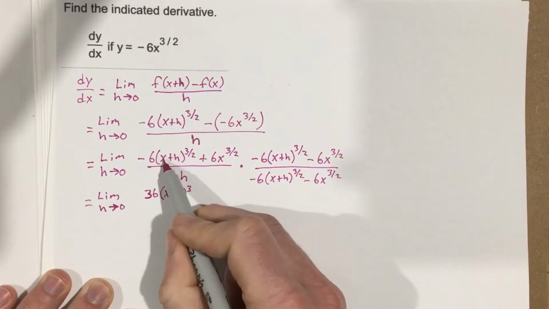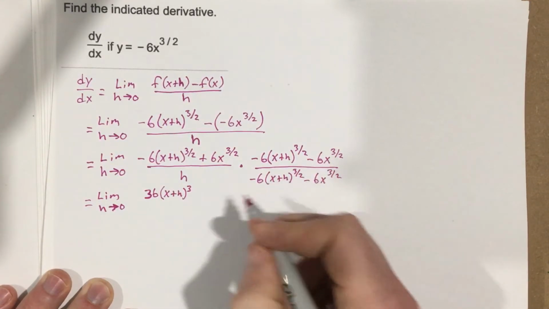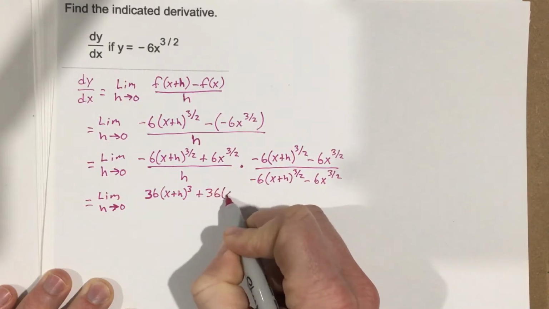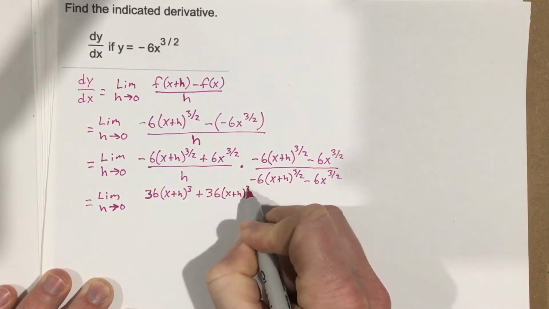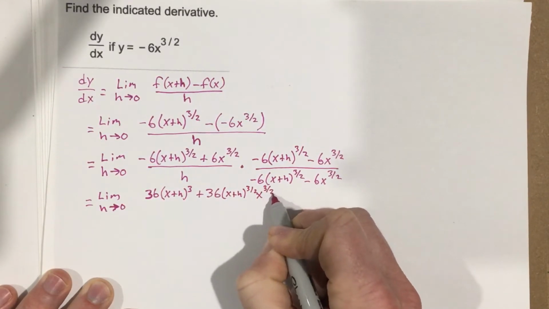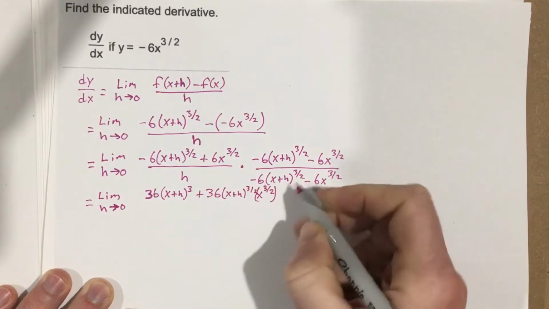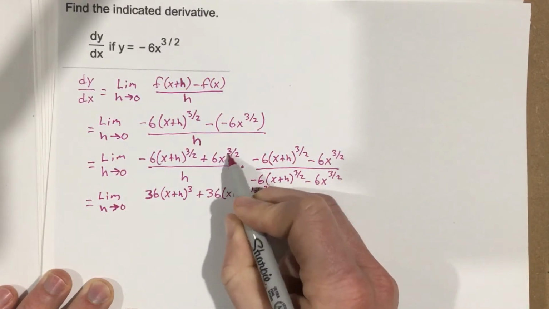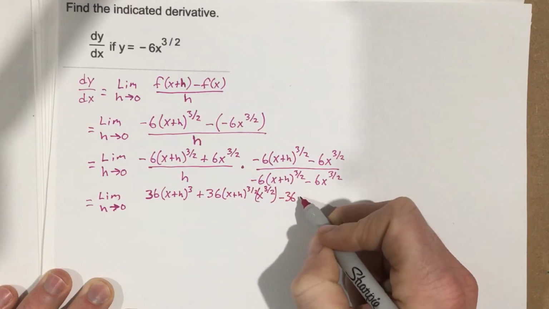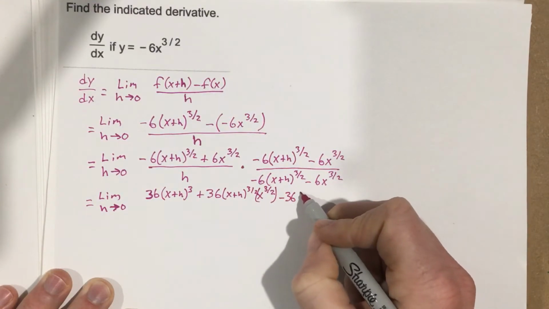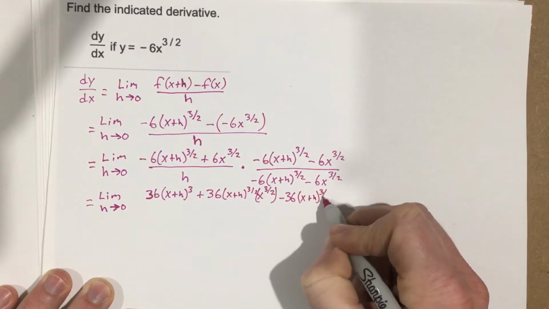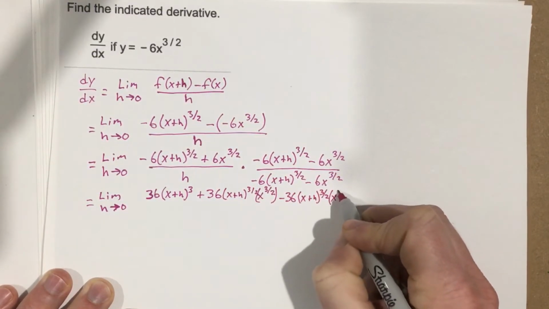Multiply this term times this term here, and we're going to get positive 36 x plus h to the 3 halves, x to the 3 halves. And then multiply this term times this term, and we get negative 36 x plus h to the 3 halves, x to the 3 halves.